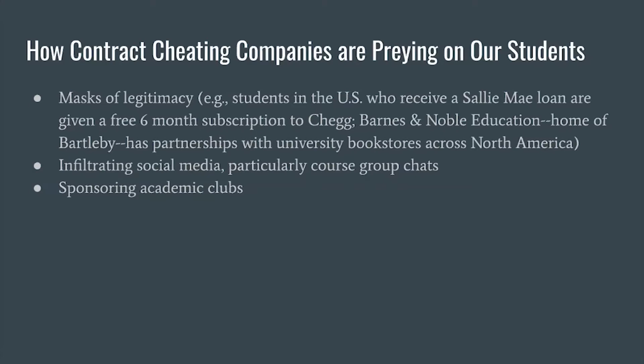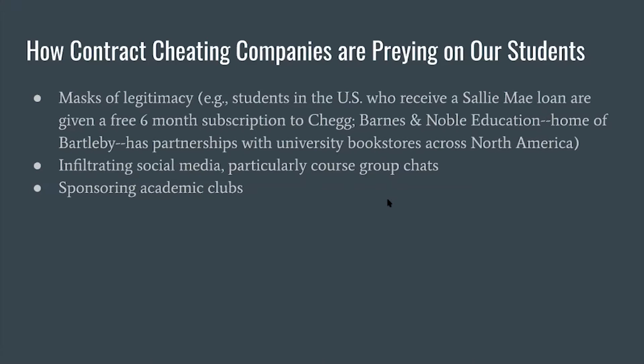Students read that as almost an endorsement from the institution itself, and you can understand why. Barnes & Noble Education, which is the home of Bartleby, that other service that I mentioned, is one you're going to want to keep your eye on because they do not provide the reports that Chegg does, so students may be flocking there. Bartleby has partnerships with the university bookstores all over North America.